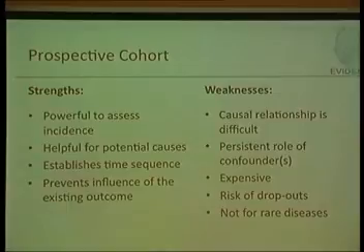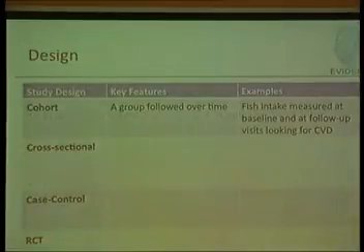And cohort is not the best way to look for rare diseases, because let's say that a rare disease happens 1 in a million, it means that you need a cohort of 1 million people to pick up one case. And that's practically extremely expensive. Okay? So these are the weaknesses of a cohort study.